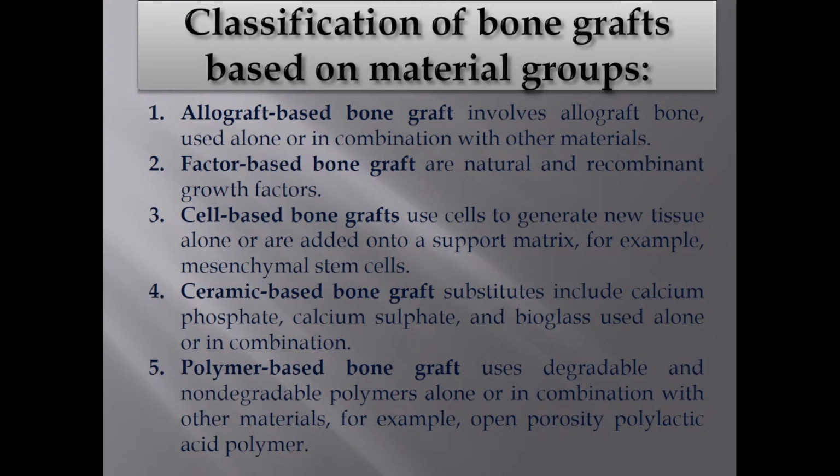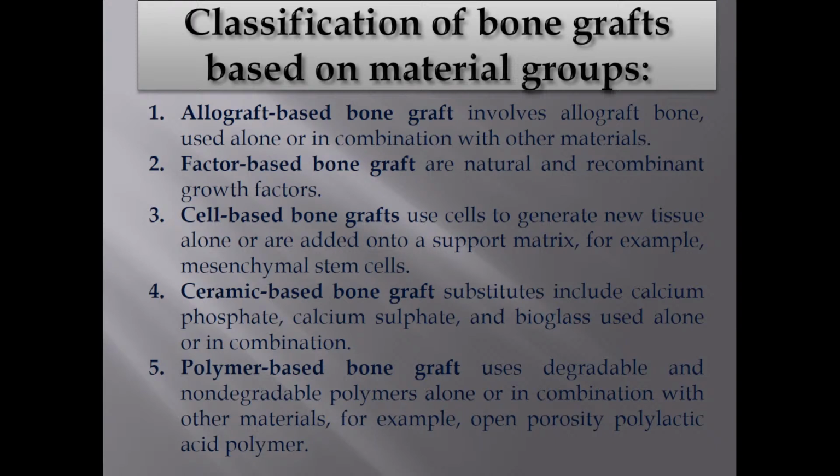The next is cell-based bone grafts. They use cells to generate new tissue alone or are added onto a support matrix, for example, mesenchymal stem cells. Ceramic-based bone graft substitutes include calcium phosphate, calcium sulfate, and bioglass used alone or in combination.